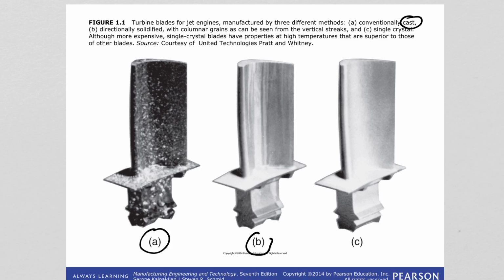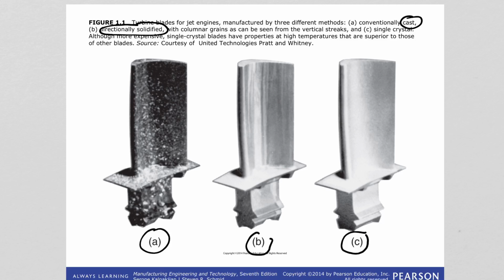is directional solidification. Okay. So in a certain direction, the atoms are aligned, basically, the grains. And then C is a single crystal. Okay, so all atoms are aligned in a certain direction.